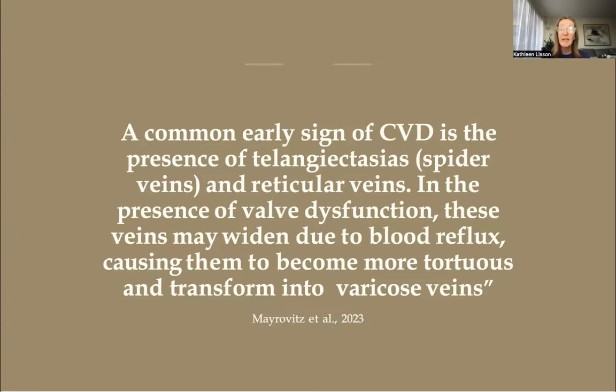So if we can catch somebody when they have spider veins and point them out and talk about how it might be a good idea to talk to their doctor, their primary care physician, this could be something that they could really research and understand is part of their leg health, and then have them seek to talk to an expert about it. Again, we're not diagnosing any disease, but we can tell our clients what we see.